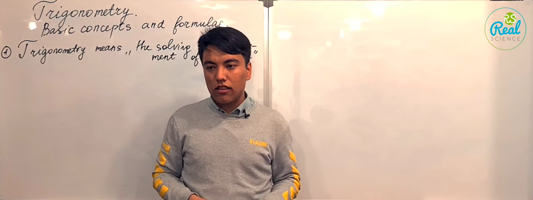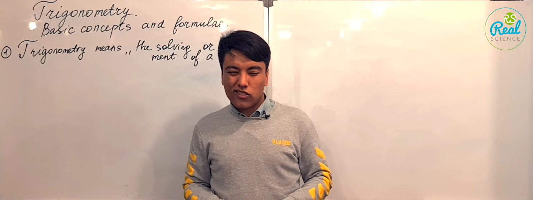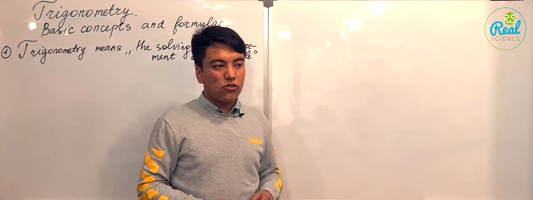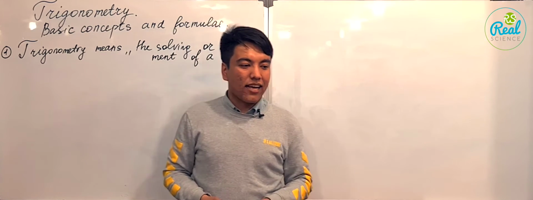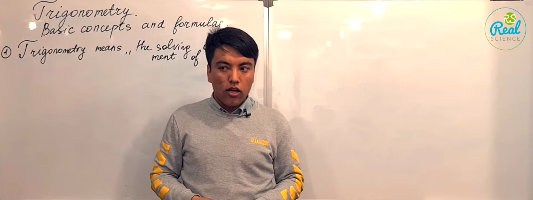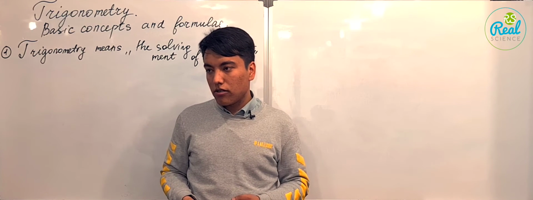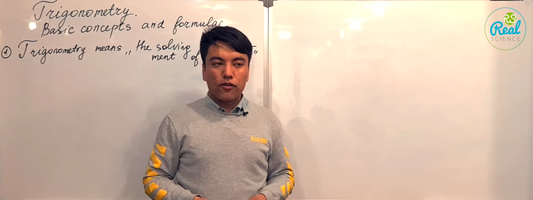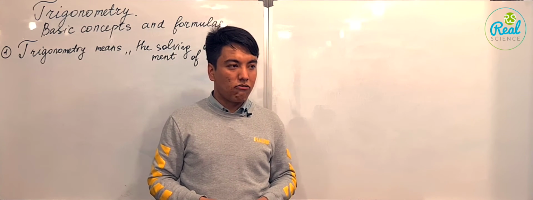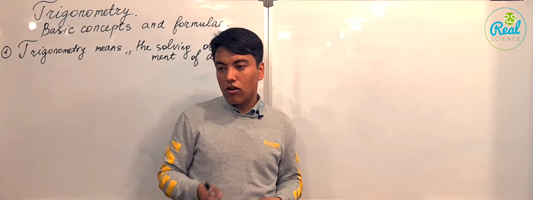The opposite side over hypotenuse, this is sine. It's also a little bit used, but in algebra, we use actually the axes, OY and OX. We use coordinates.